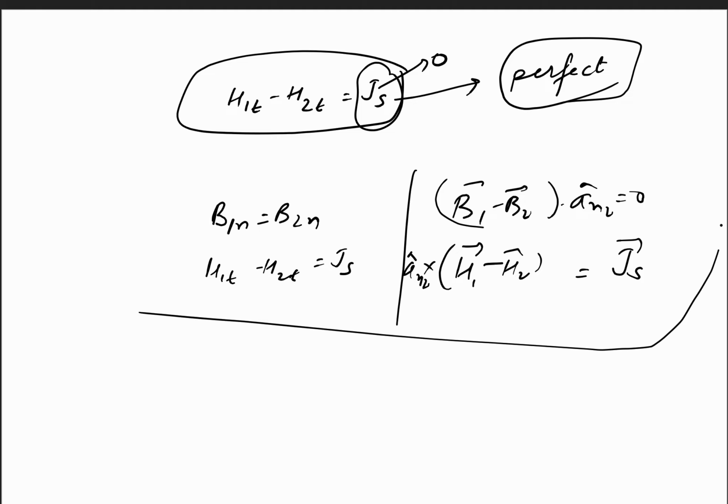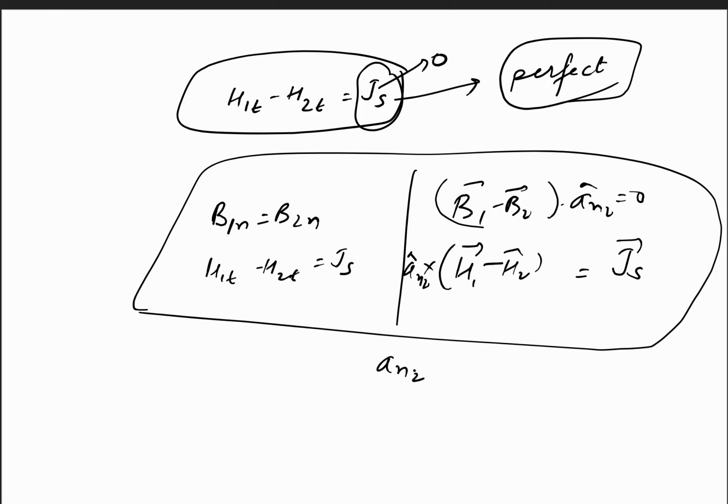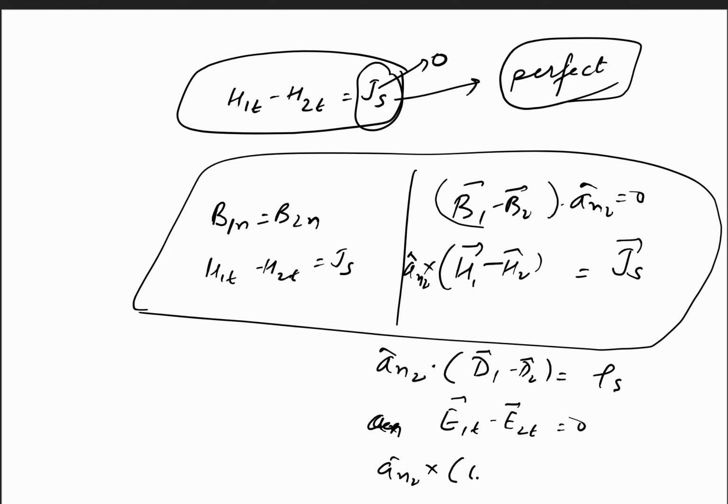So these are the boundary conditions which we should remember, and we should compare them with the electrostatics case, in which we had an2 dot D1 minus D2 is equal to rho s, and for the tangential component, that is E1t minus E2t was equal to 0. Means we could have written an2 cross E1 minus E2 is equal to 0.